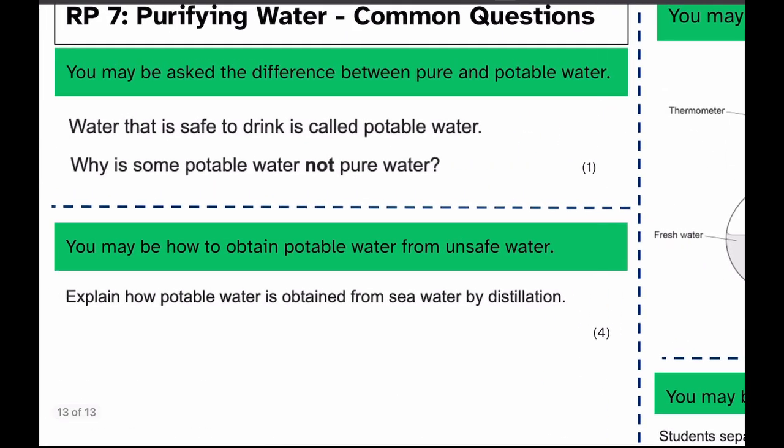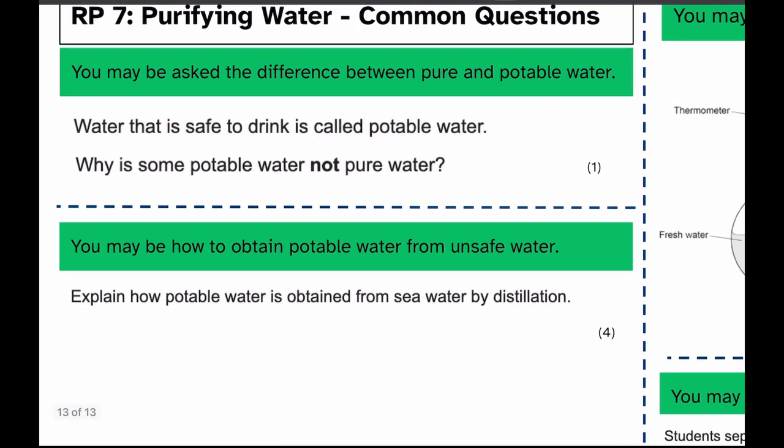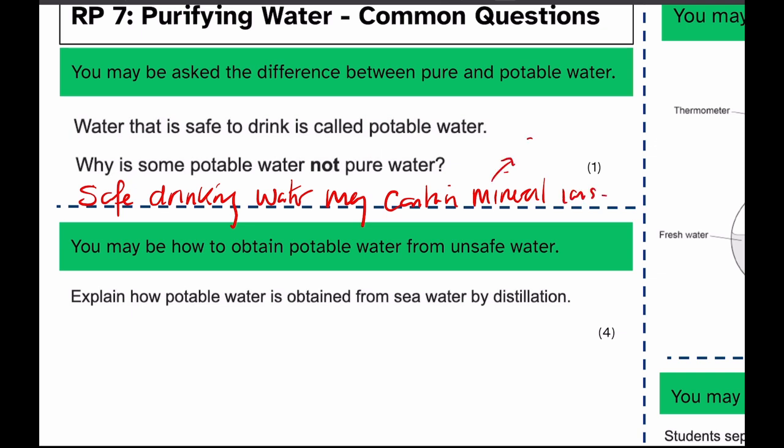Some questions. Water that is safe to drink is called potable water. Why is some potable water not pure? All you need to say is that safe drinking water may contain, and give an example, mineral ions, salts.